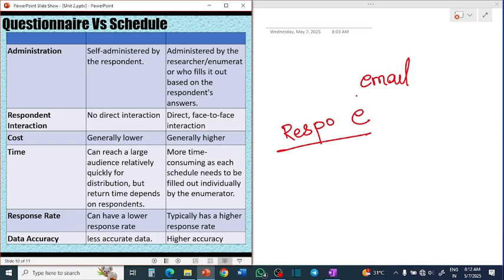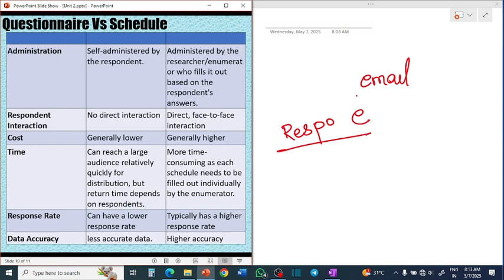In response rate, for questionnaire the response rate is generally lower. As you can understand, the questionnaire is given to a particular person, and whether they reply is up to them. But in schedule, the enumerator goes himself and collects the data, so the response is generally on the higher side.